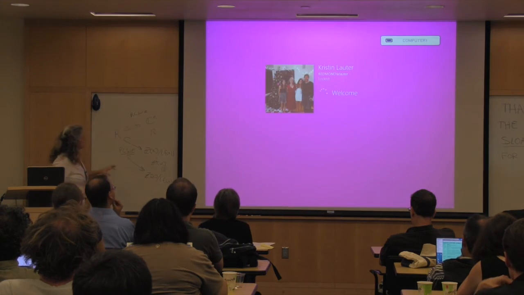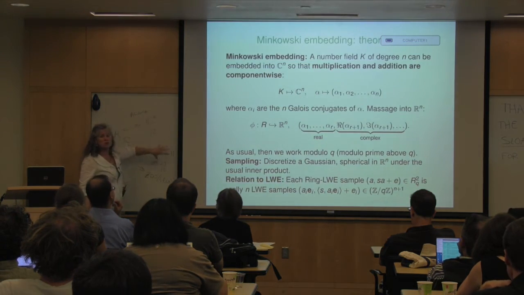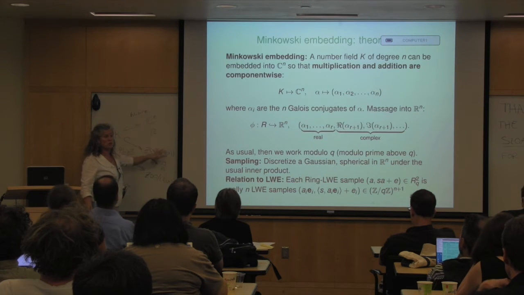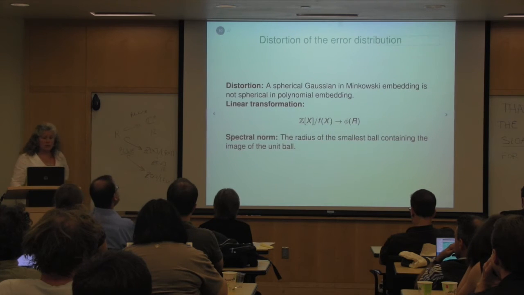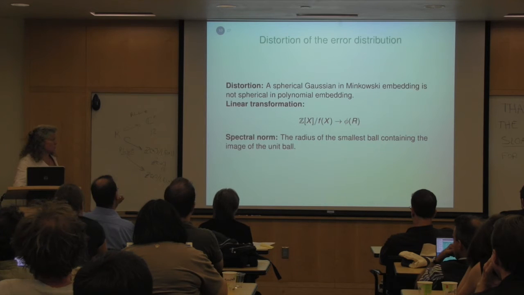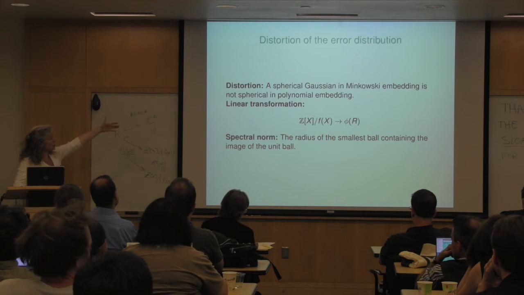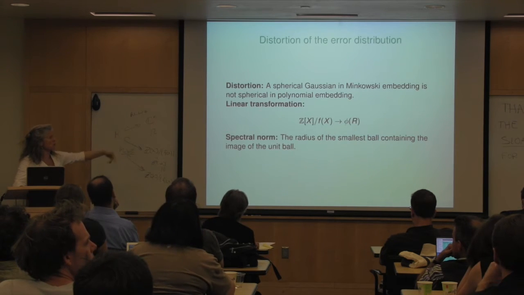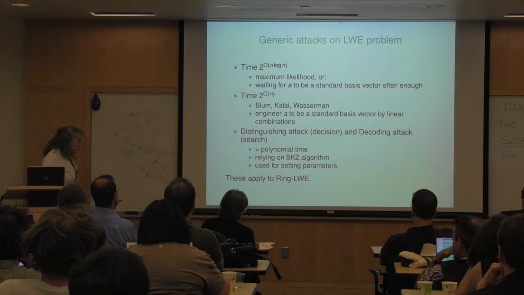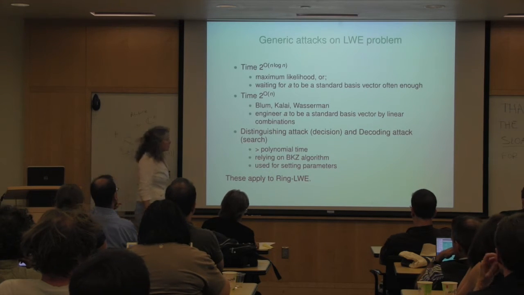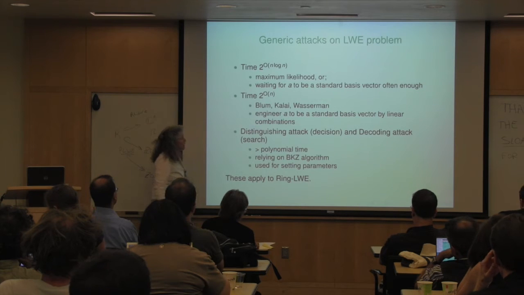So the spectral norm is basically telling you how much your error got distorted when you moved from one to the other. That's very important. This is just what I just said: the spectral norm is the radius of the smallest ball containing the image of the unit ball. So the point of this talk is to talk about attacks on RLWE and PLWE, actually.